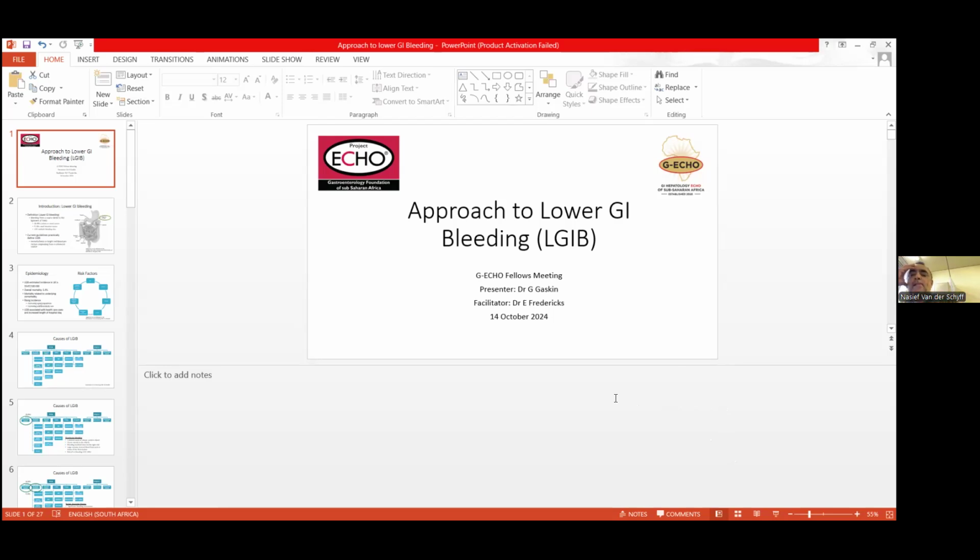No. It's just your position. You will obviously always be compromised because of the colon. In the upper scope, it is easier because you have better control and better stability. It's not as easy in the colon.